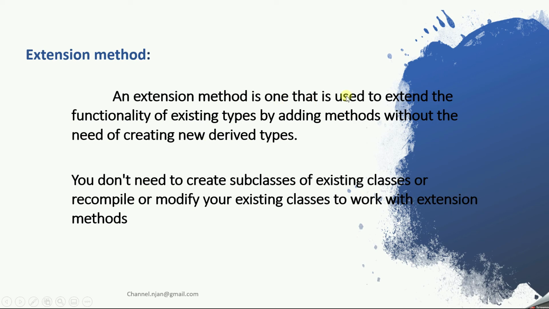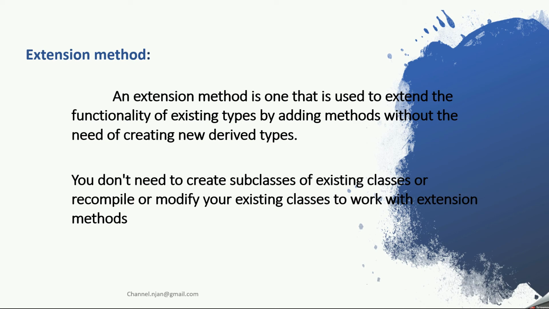Let me repeat this. An extension method is one that is used to extend the functionality of an existing type by adding an extension without the need of creating a new derived type. As I told, we are extending string, but I am not recompiling that string class. It is an existing one.